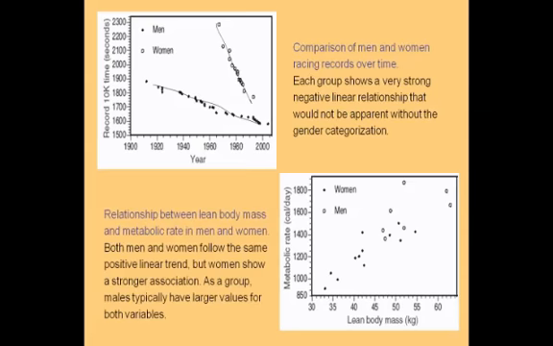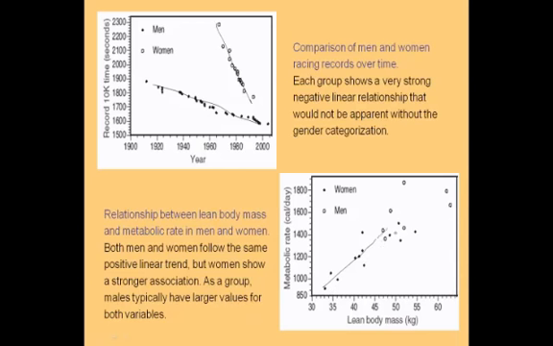So this is lean body mass and metabolic rate. Tell me what you see about the relationship between men and women. Women are the dark, fully covered ones, and the men are the hollow circles. What do you see? In this case, males have typically larger values, but the women have a stronger relationship to metabolic rate.